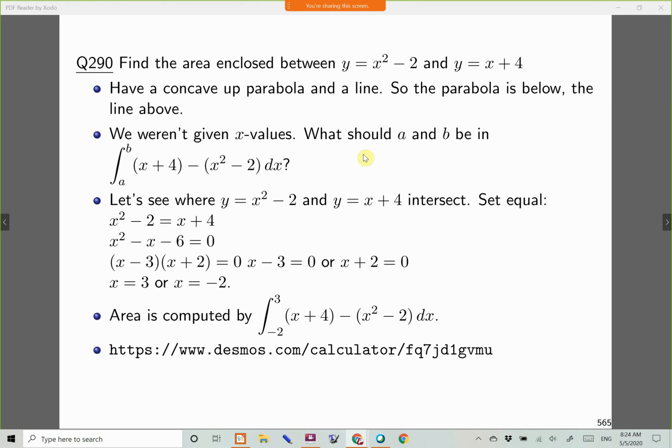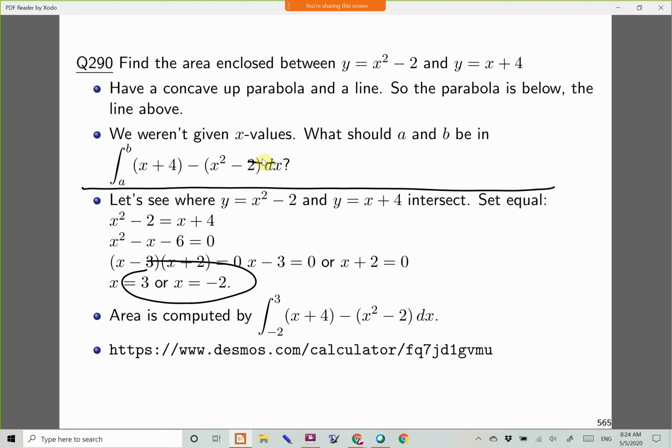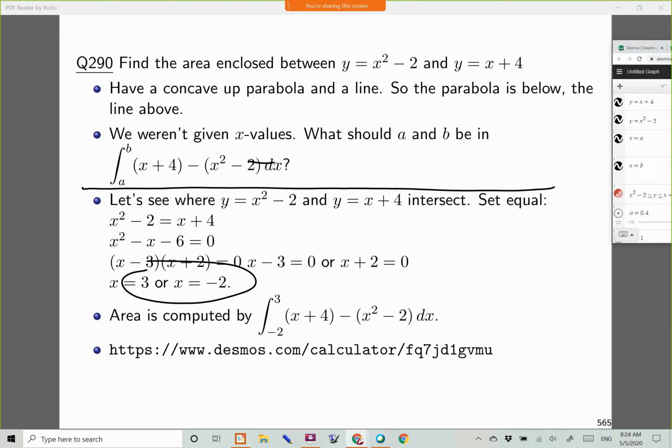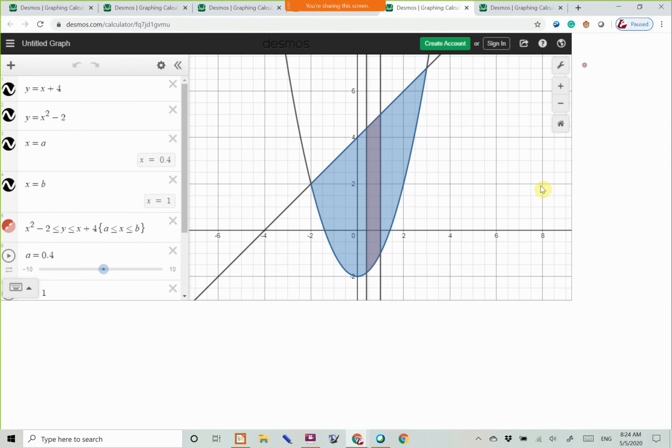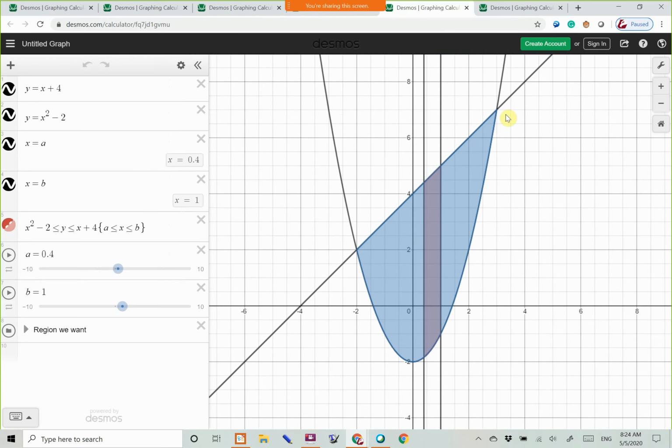Let's just go back to up here when we weren't given x values. What should those x values be? We're at that stage, so pretend we don't know the x values yet, right? So if we were to explore, maybe it looks something like this. There's the line which is above, the parabola which is below for this region in blue.